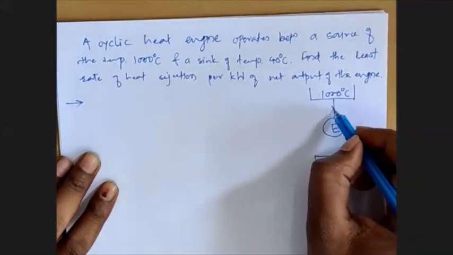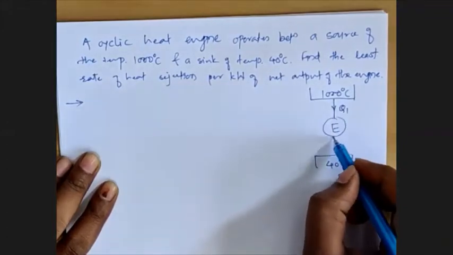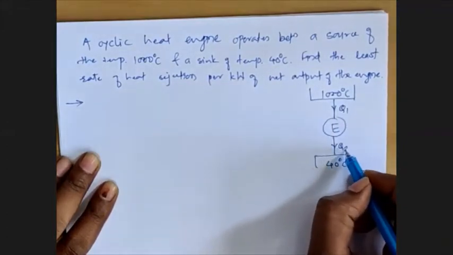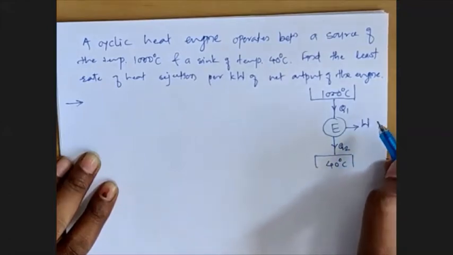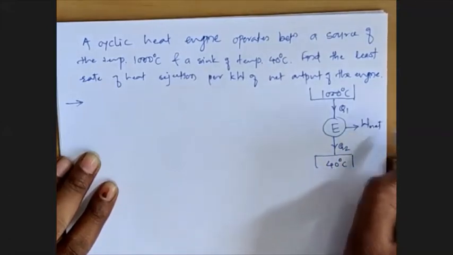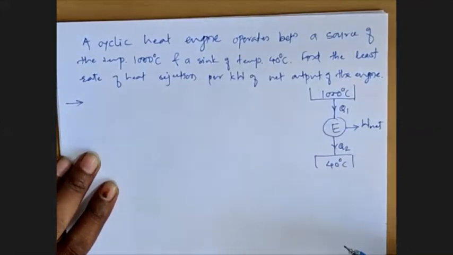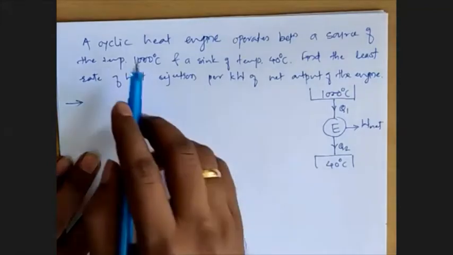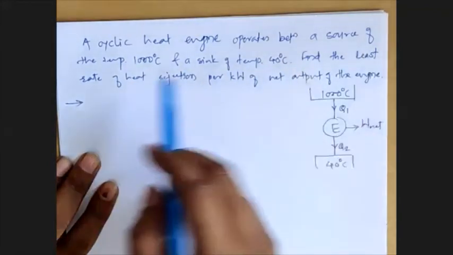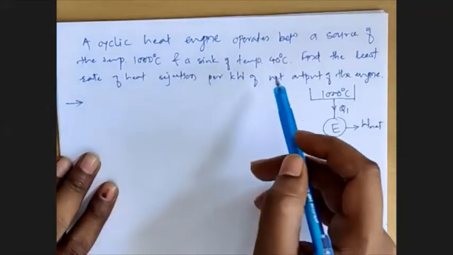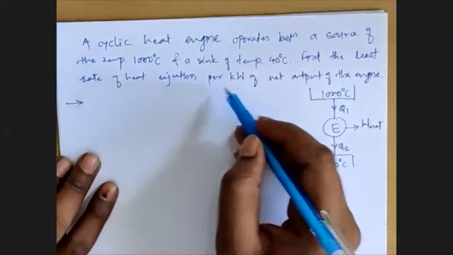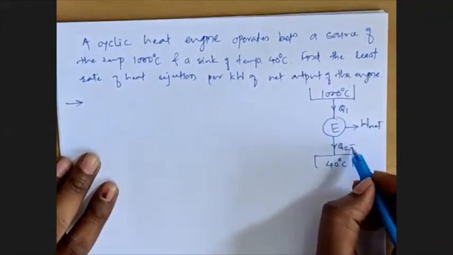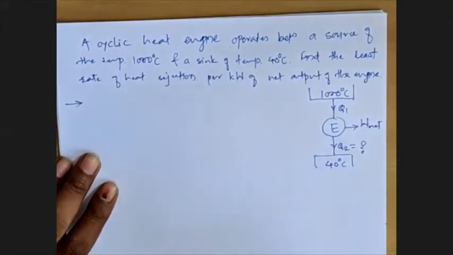So it will be taking heat Q1, rejecting heat Q2 and producing work output W net. We need to find the least rate of heat rejection, so we need to find this Q2.